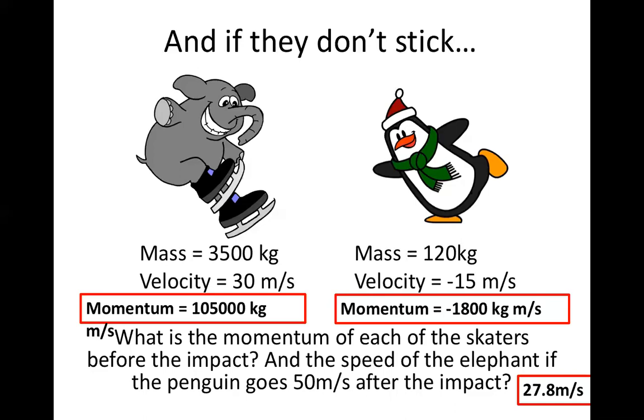The penguin is 50 meters per second after impact with a mass of 120 kg. Okay, let's see. I got 28 or so. Did you round up or you just got 28? 28.5, sir.